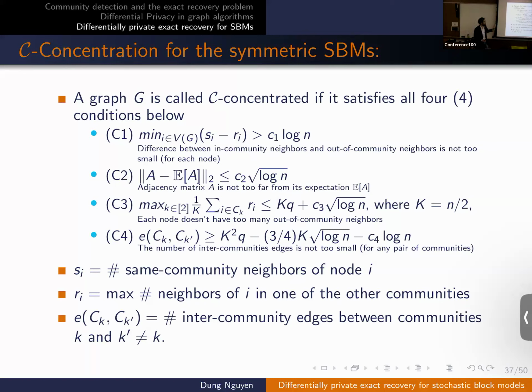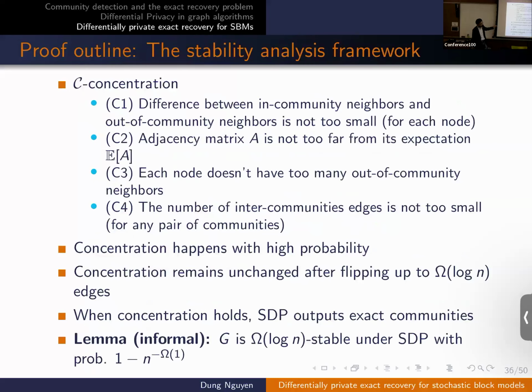But first, let's see the case where we have two equal communities. So this is how we define all four conditions formally. And what we have to do is use all four conditions here to do the three things in the previous slide, the three statements.